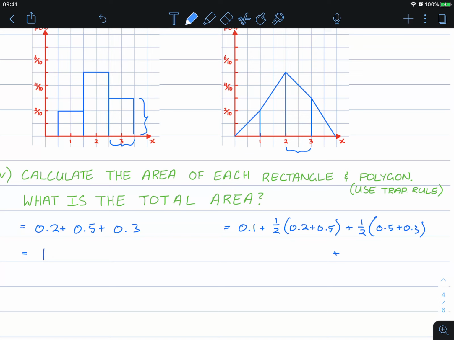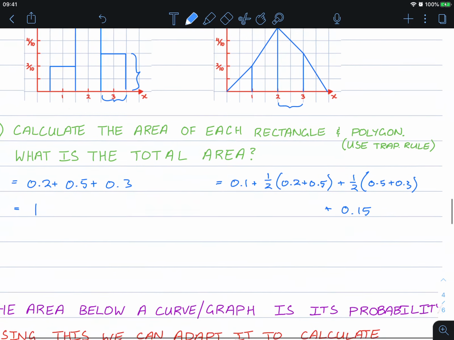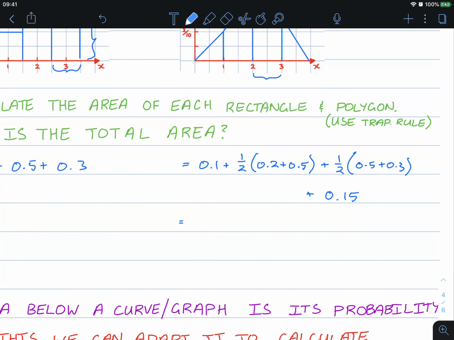And lastly, we're going to add the area of the triangle, which is 1 times 0.3 times half. 0.3 on 2 is 0.15. You can probably guess, adding all of this, we get a total of 1.